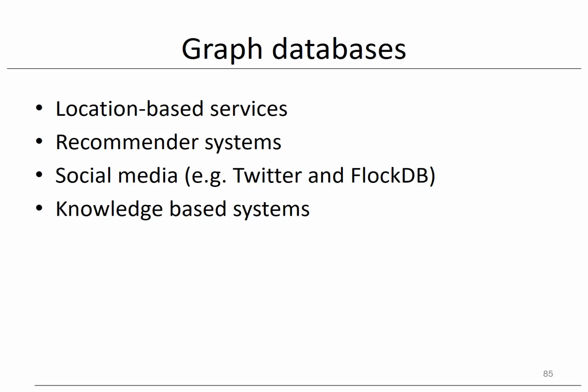Graph databases are also applied to construct recommender systems in social media. For example, Twitter uses FlockDB to store its social graph, and in knowledge-based systems to provide a semantical representation of resources and rules.